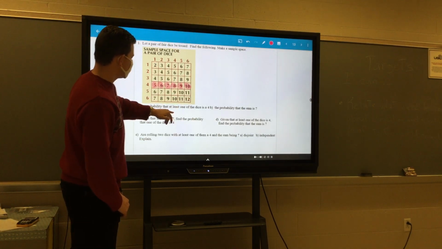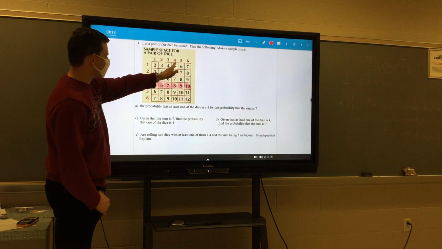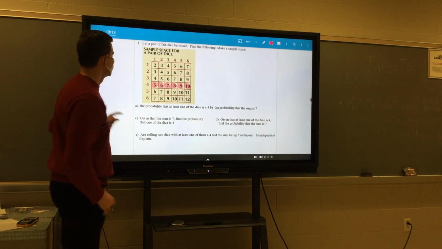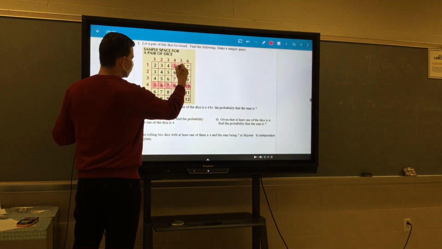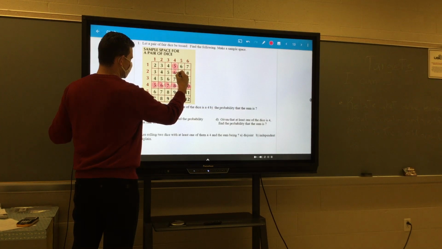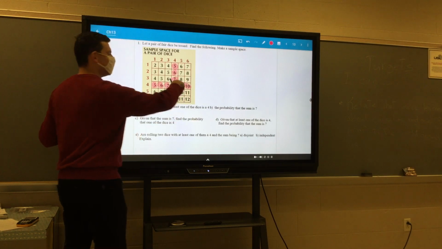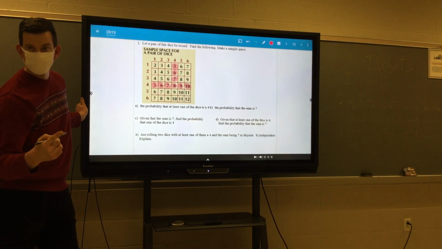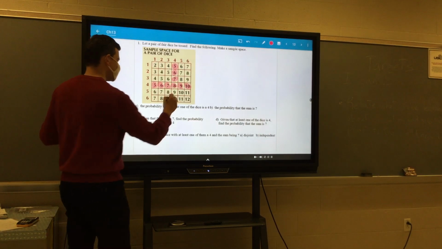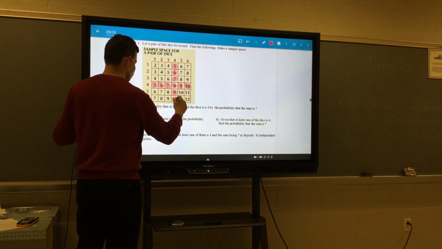Additionally, it's also a success if this second die is a 4. So this entire column, 1 and a 4, 2 and a 4, 3 and a 4, I've already highlighted 4 and a 4. I don't want to do that again. 5 and a 4, 6 and a 4.